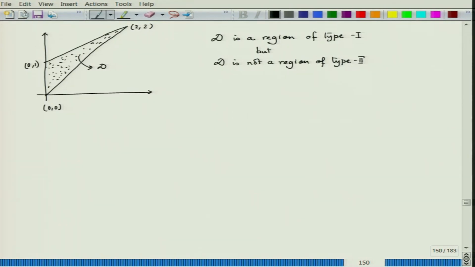Why is it not a region of type 2? Because it is a region of type 1, it is clear, because here you have a fixed x from 0 to 2, and y is lying between. In this particular case, the y domains are y moving from y equal to x, which is this line, and also this line, y is equal to half x plus 1.